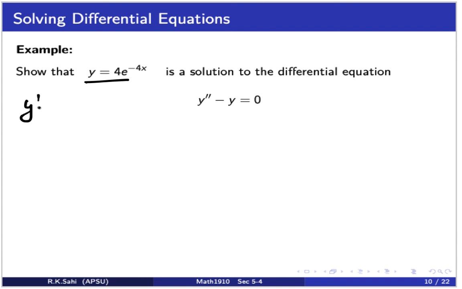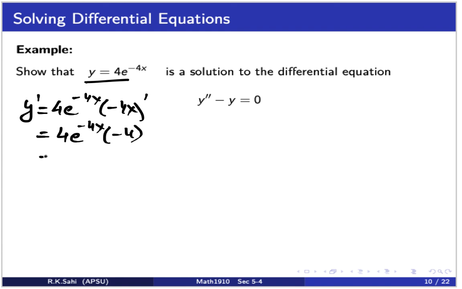Okay, so y is there, but we need y prime and y double prime. So what's y prime? Y prime is 4 e to the power negative 4x times the differential of negative 4x, which is basically 4 e to the power negative 4x times negative 4, which is negative 16 e to the power negative 4x. Remember, we're looking for y double prime.